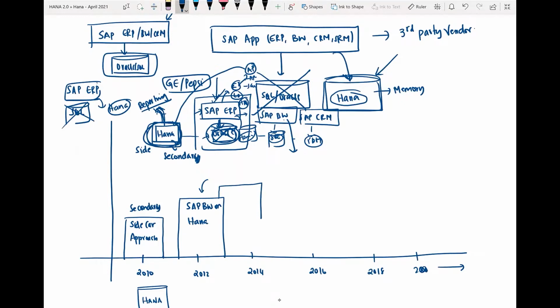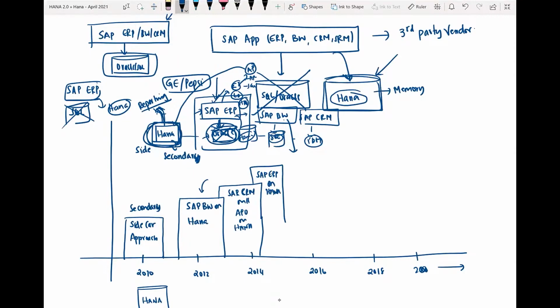People became more comfortable. They said, now I will run SAP CRM on HANA, SAP APO on HANA, SAP SRM on HANA. And as more and more companies started running their not primary but supporting applications, SAP said, now it is time for us to make the plunge and say, we can also start running SAP ERP on HANA.